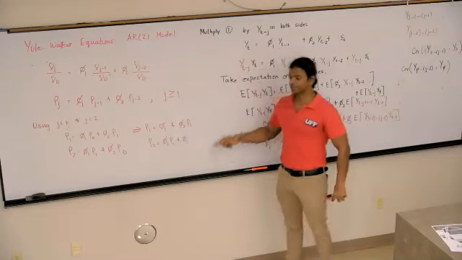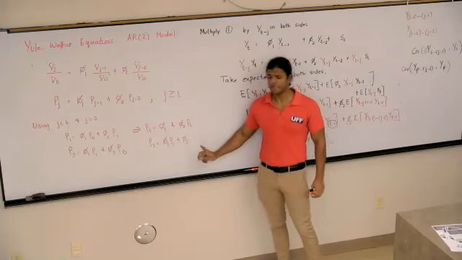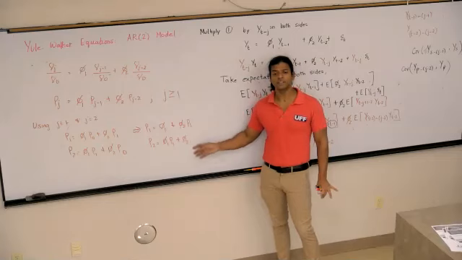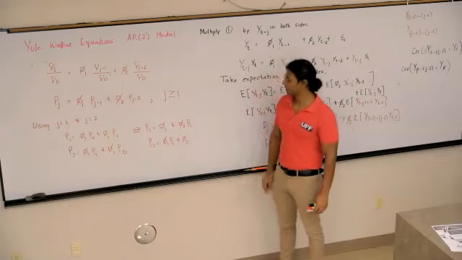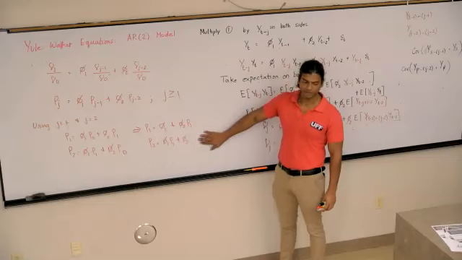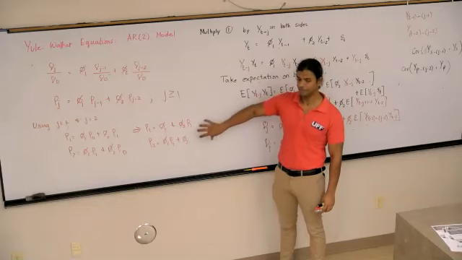Which is why, when we first started, I mentioned AR models are easier to fit than MA models. So we will use the matrix form to find phi1 and phi2. We'll do an example on an AR2 model using this next time.